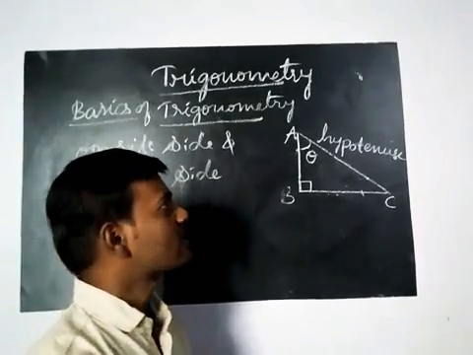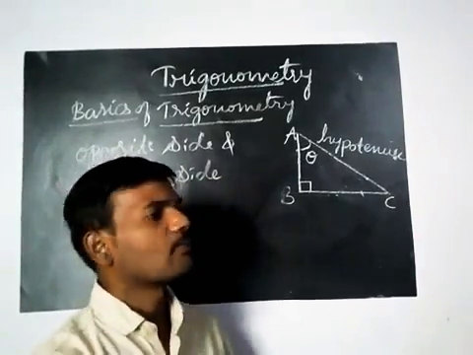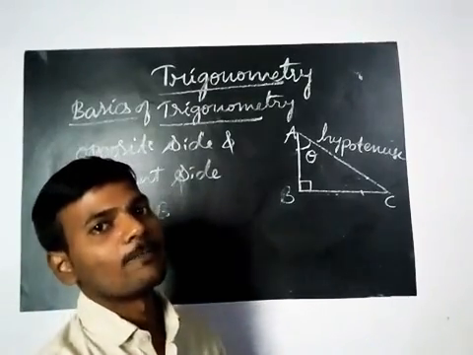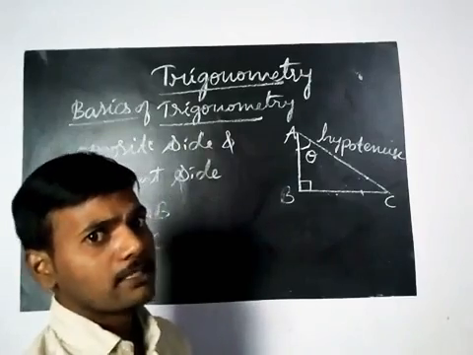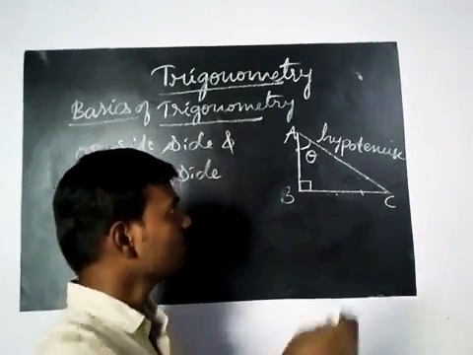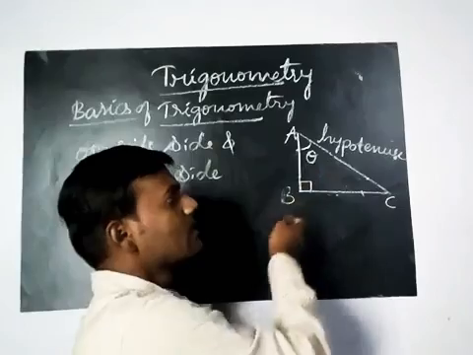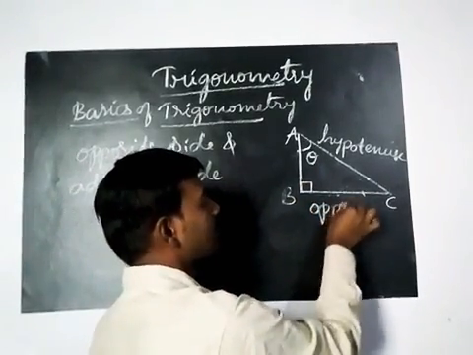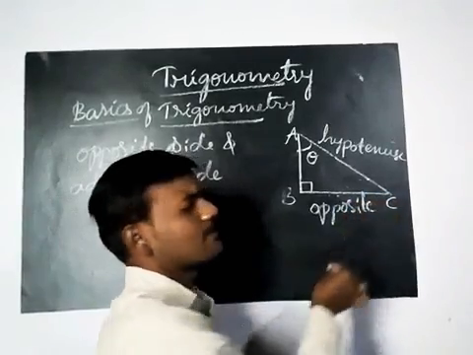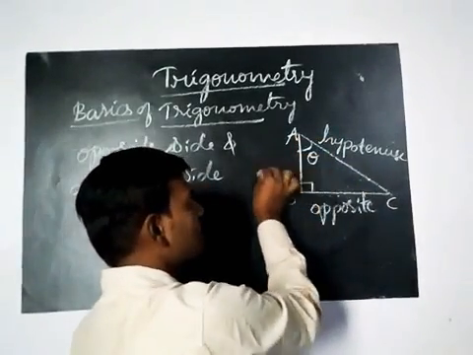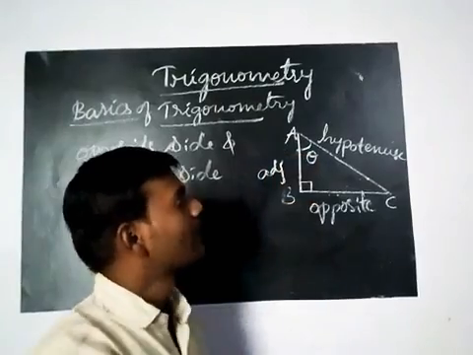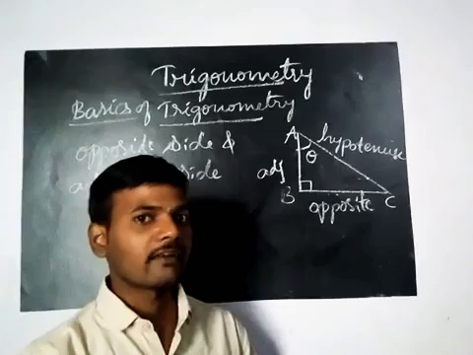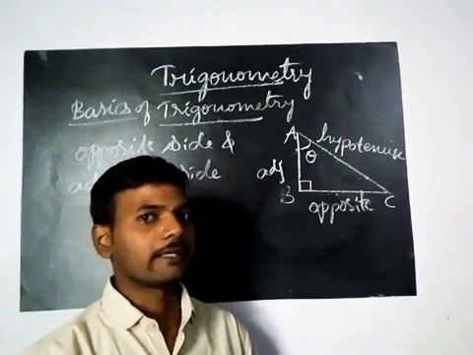Now for angle A as theta, the side opposite to it is BC, the opposite side. The side left, which is AB, now becomes the adjacent side. So the sides of the right triangle in trigonometry are named according to the angle theta.